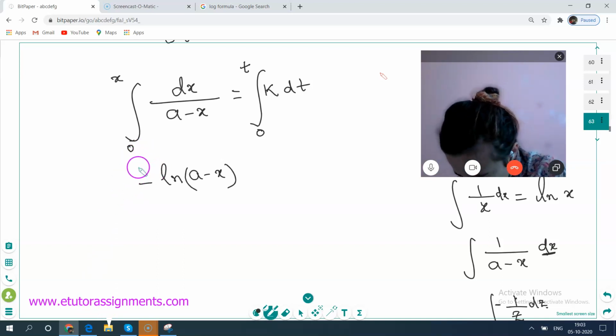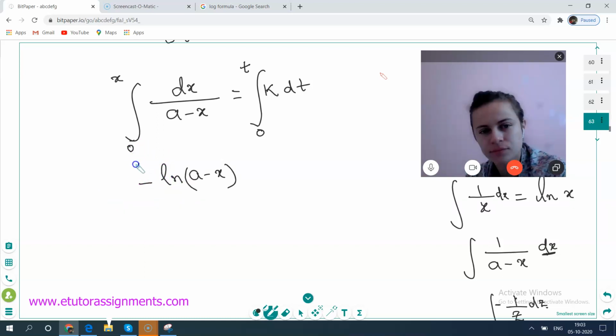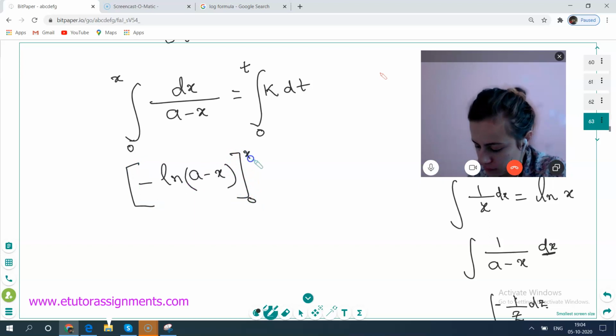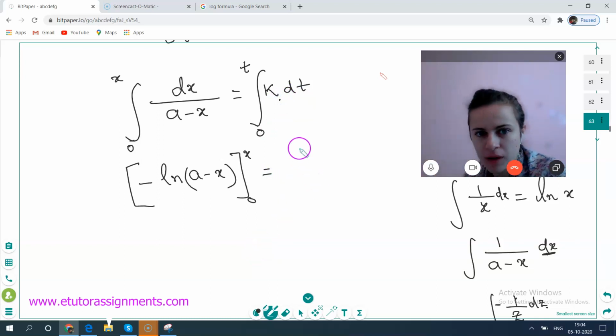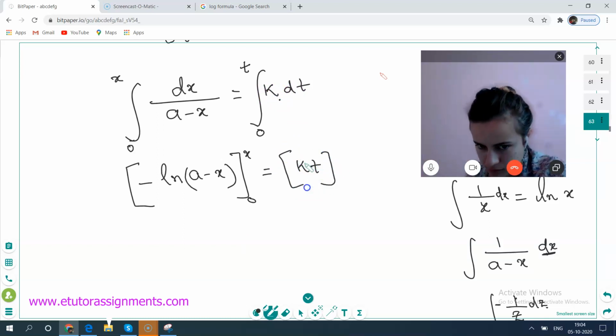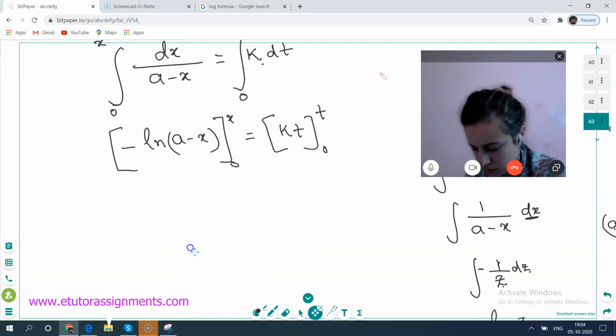Now I have to put the limit again. From k dt, the integral is going to be kt, because it is just dt. The integration of dx is x. And 0 to t, I have put the limits on both sides. You know this math.